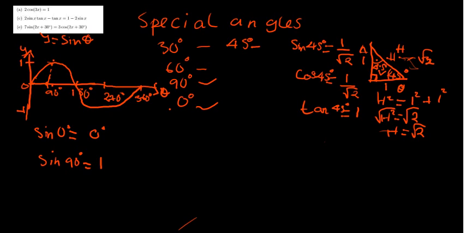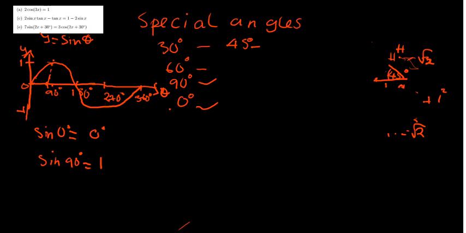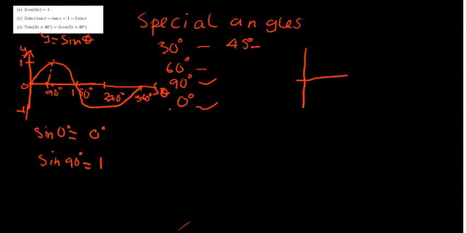So that's for sine. Let's now consider another graph, the cosine graph. Okay, let's make it straight. So there we draw a line.